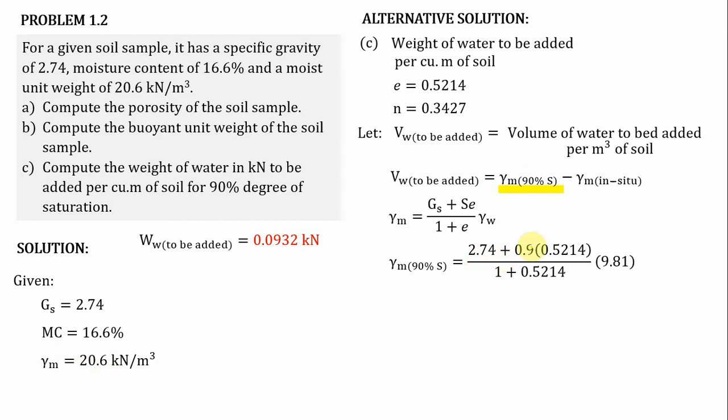So (2.74 plus 0.9 times 0.5214) divided by (1 plus 0.5214) times 9.81. Therefore that is equivalent to 20.6933 kilonewton per cubic meter. That is the moist unit weight at 90% degree of saturation.